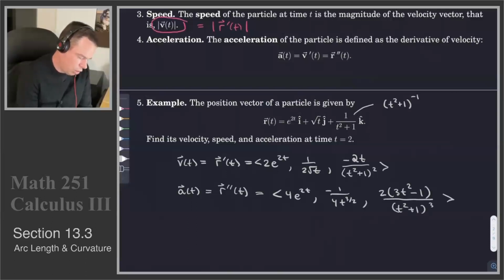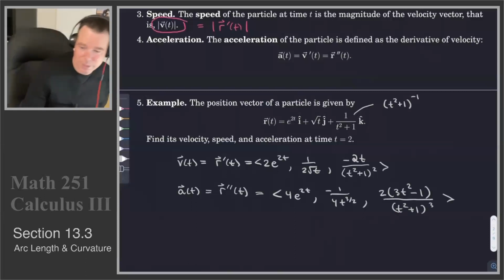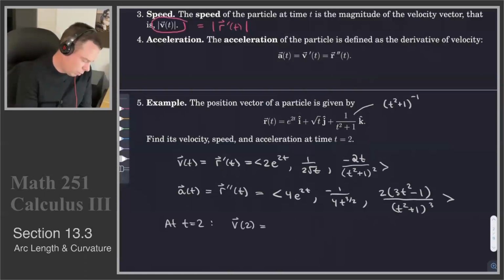I encourage you to check these derivatives, to make sure they are as I say they are, by using your techniques from Calculus 1. Now what we're interested in is what's going on at t equals 2. We wanted to find the velocity, speed, and acceleration. So v at 2, we just plug it in.